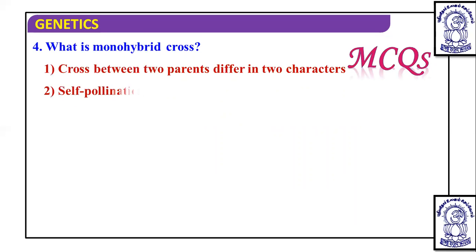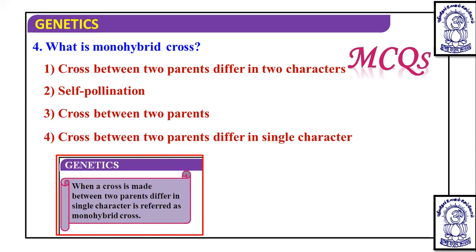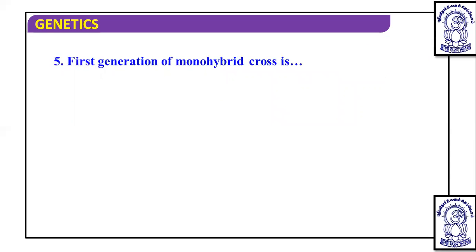What is a monohybrid cross? A cross between two parents differing in two characters, self-pollination, or a cross between two parents differing in a single character. So it is a cross between two parents which differ in a single character, means which have traits of one character. The first generation of a monohybrid cross is F1.